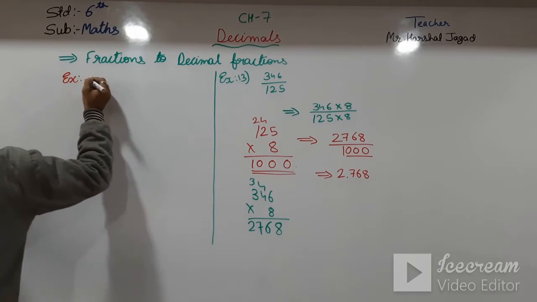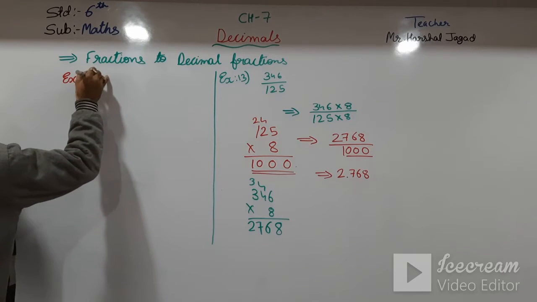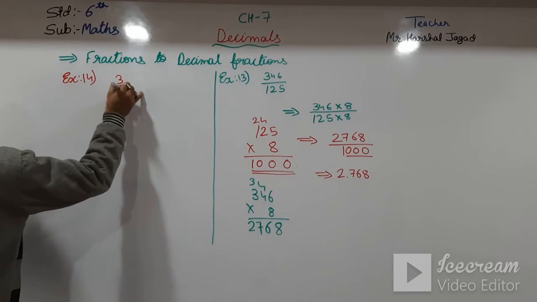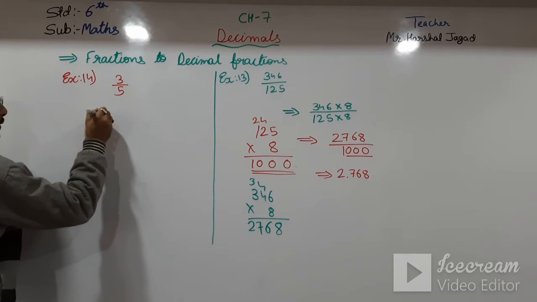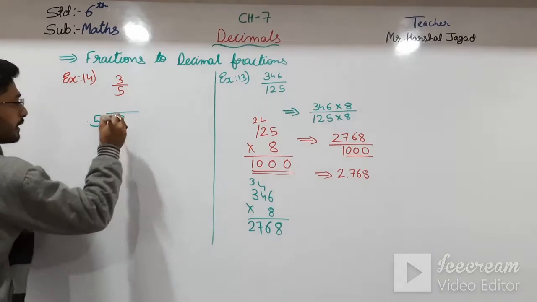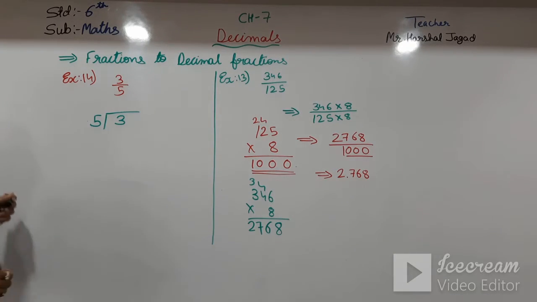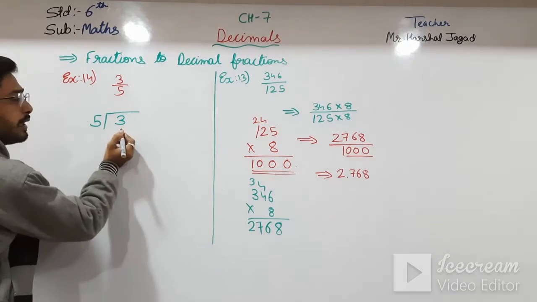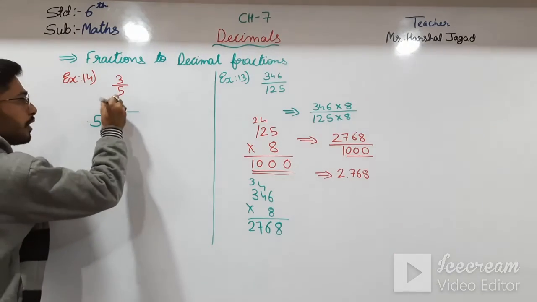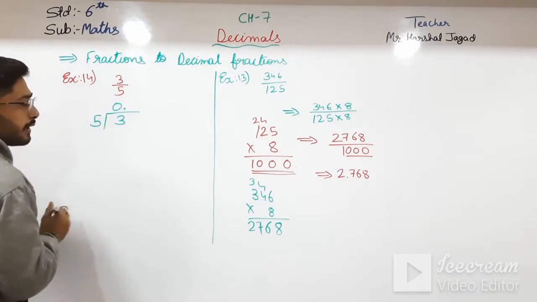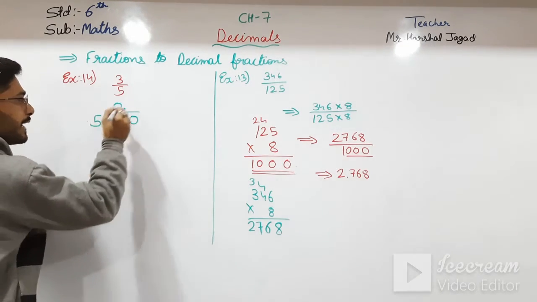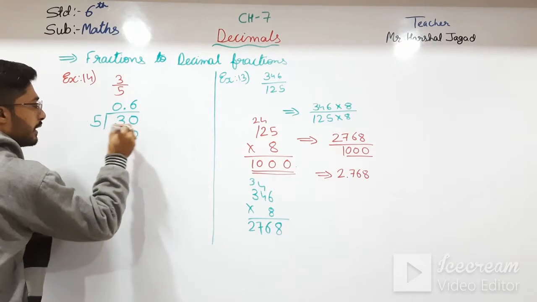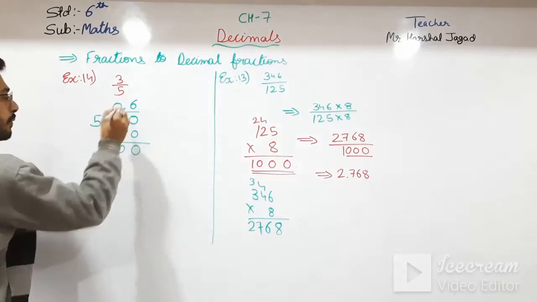That is example number 14. 3 by 5 into decimal. Here, if I divide 3 by 5, 3 is smaller than 5, so first of all you have to put a 0 and then a point, then here it will come 0. Then 5 sixes are 30, so your answer is 0.6.